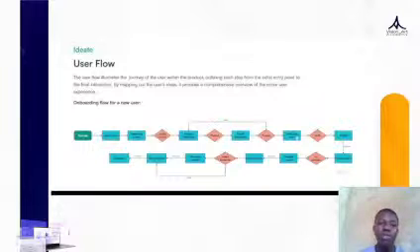So this is how a user flow looks. The user flow illustrates the journey of the user within the product, outlining each step from the initial entry point to the final interaction. Okay, so it gives a comprehensive overview of the entire user experience.